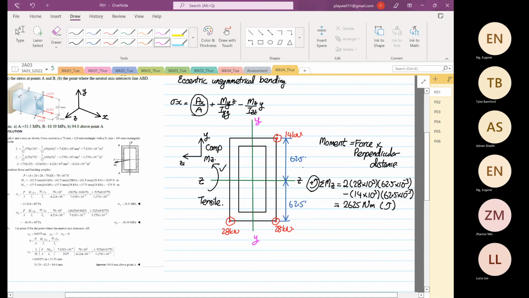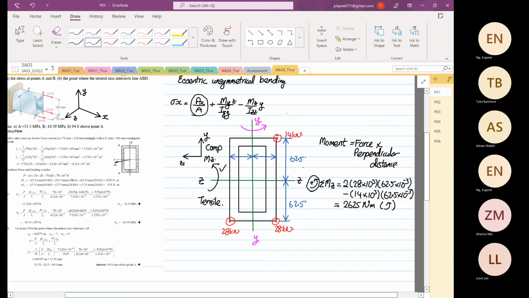So YY, I'm going to assume, let's say for this time, I'm going to assume this as positive. Okay. So we are again aware that we are given the perpendicular distance from here to here. We know this distance. And also we know this distance.